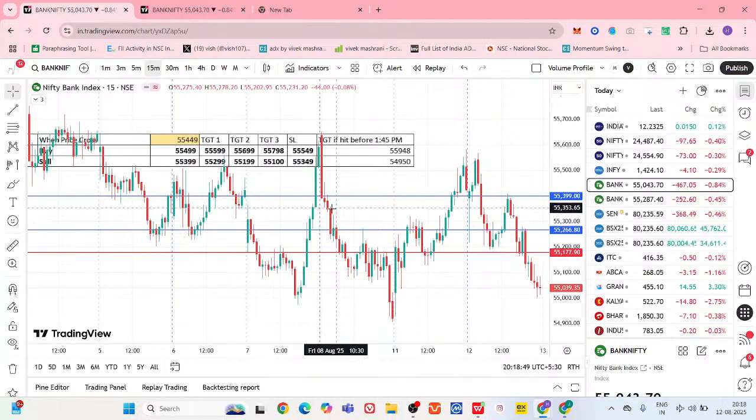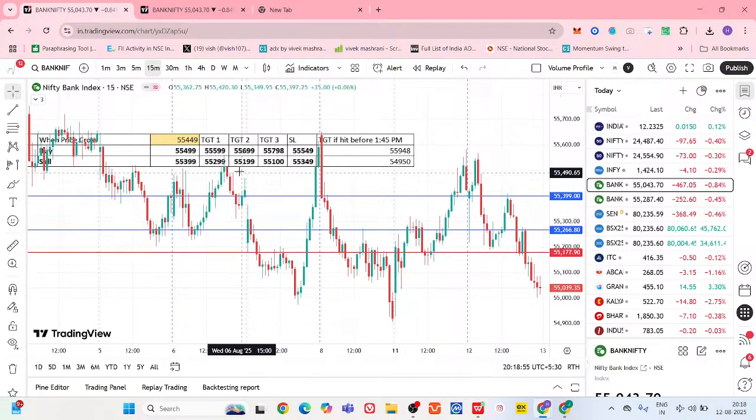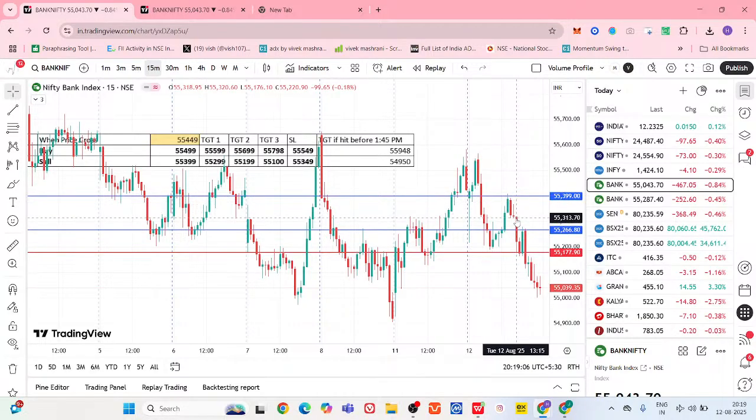See the beauty of this calculator. Do you understand what I'm saying? It broke, almost hit the second target of 55,199, correct? The second target is hit, no? 199 is done. And then it reversed back, exactly the same price, and bounced down.